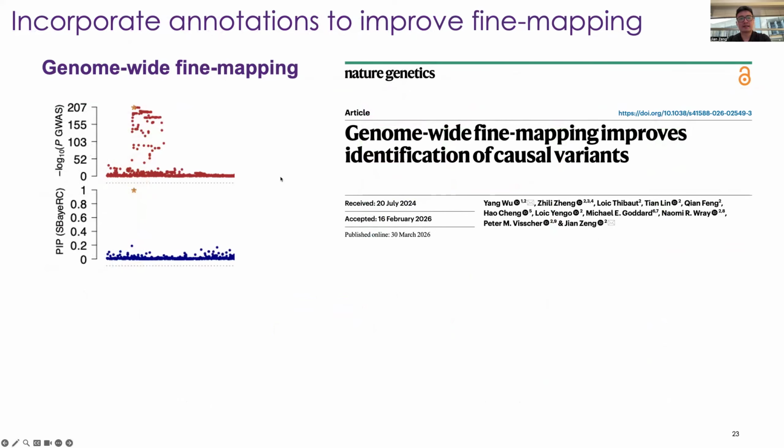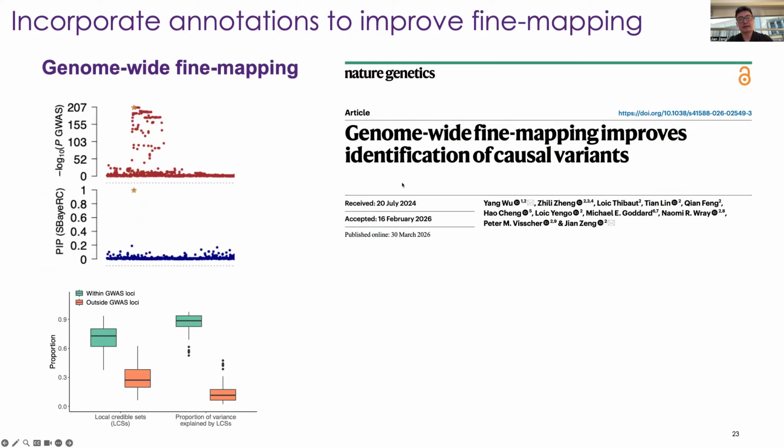Last but not least, we show that SBayesRC can also be used as a genome-wide fine-mapping tool, and we published this study in Nature Genetics recently. Basically, we show two things. One is there is a benefit of doing genome-wide fine-mapping rather than GWAS-loci-specific fine-mapping, because we found that about 30% of the credible sets across different complex traits are located outside of the GWAS loci.